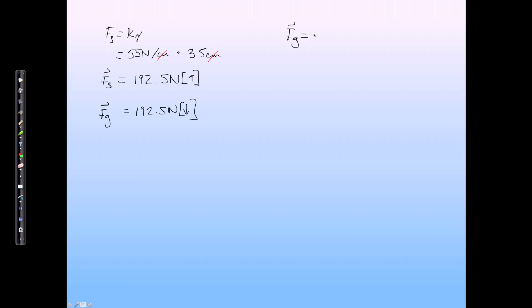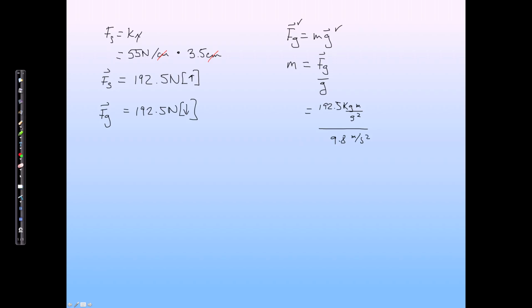equals m times g, because we have the force due to gravity, and because we have g, which is 9.8 meters per second squared, we can find mass. And so mass, rearranging that equation, equals Fg divided by g, which equals 192.5 kilogram meters per second squared divided by 9.8 meters per second squared.